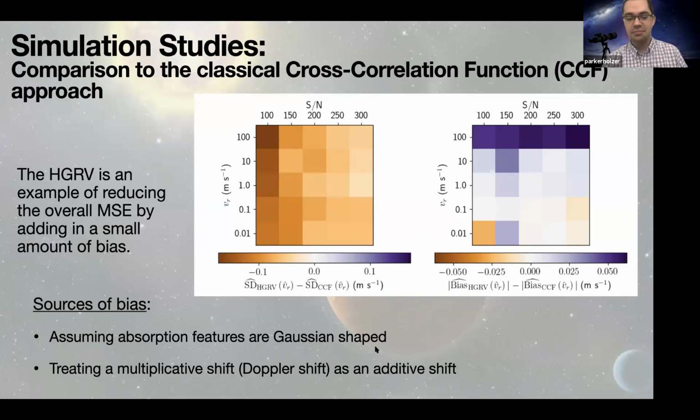It also might be the case that treating a Doppler shift as an additive shift has something to do with this too, because in reality, it's a rescaling or a multiplicative shift of the wavelength. Whereas since we're using the derivative, it's treating it as an additive shift, locally at least. So any questions about these simulation studies at all?